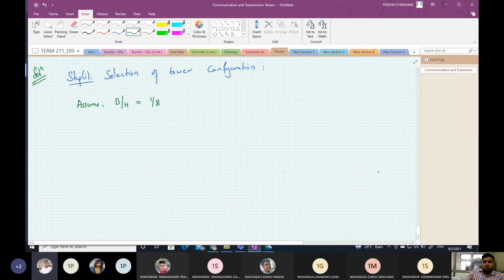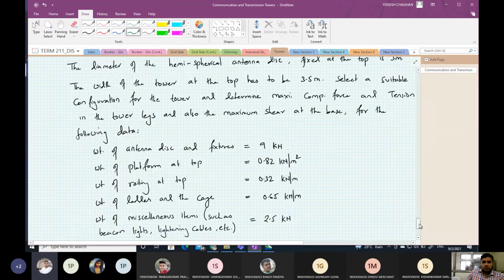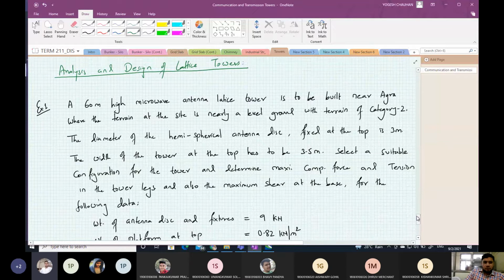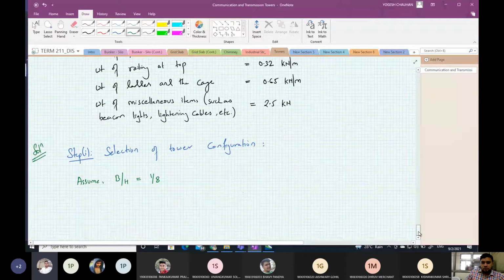Here the height of the tower is 60 meter. This implies base width will be equal to H by 8.